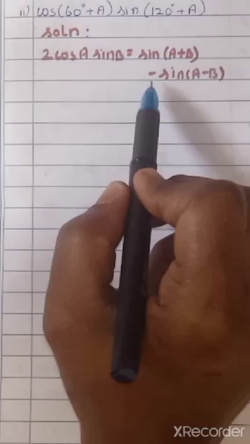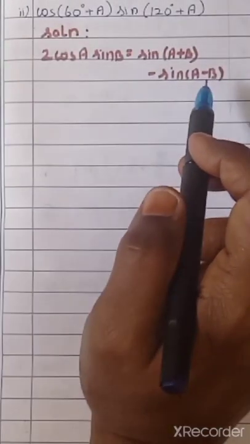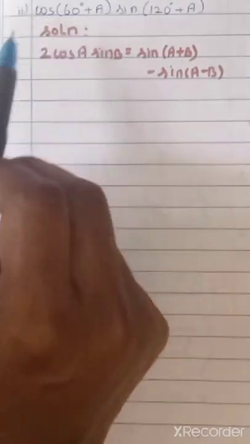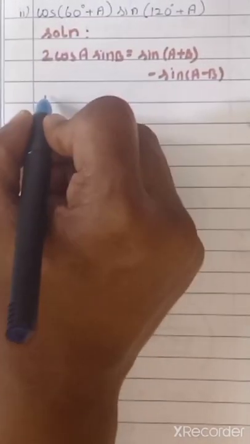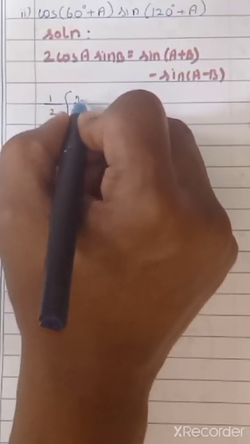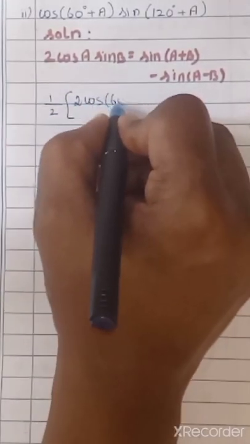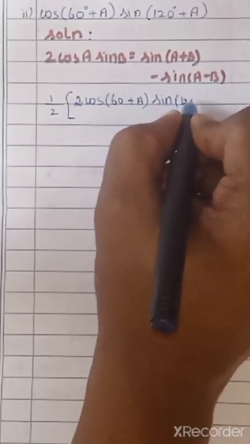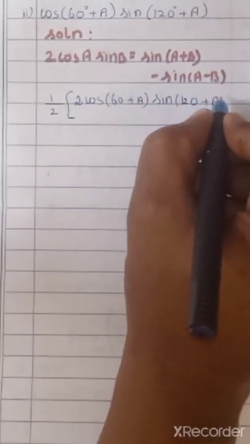Sin(A plus B) minus sin(A minus B). And what is missing? 2 is missing, so multiply and divide by 2. 1 by 2 of 2 cos(60 plus A) sin(120 plus A).